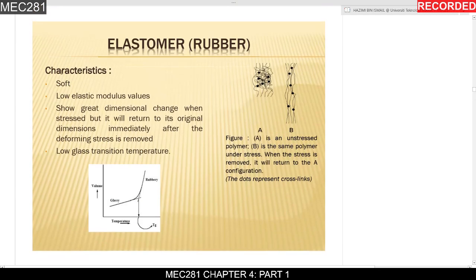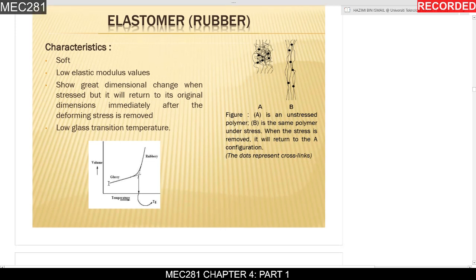So the characteristics are almost the same as the thermoplastic. It is soft, but it has a low elastic modulus value, shows great dimensional change when stressed, but it will return to its original dimensions immediately after the deforming stress is removed. Okay, low glass transition temperature.